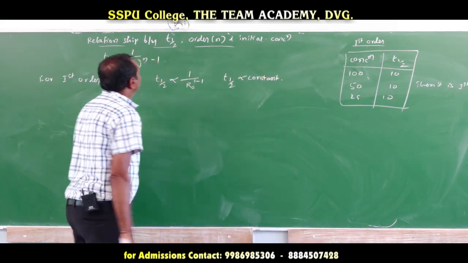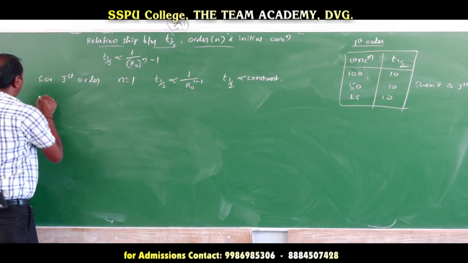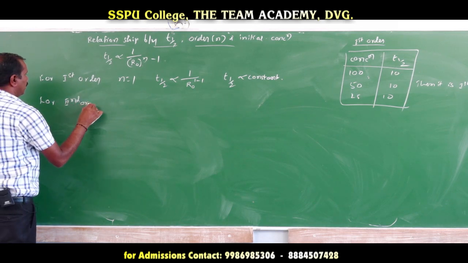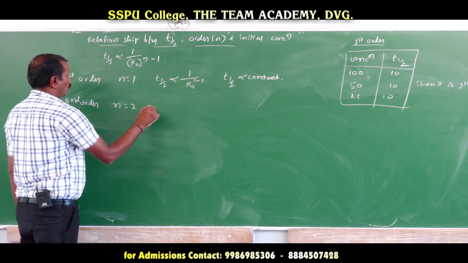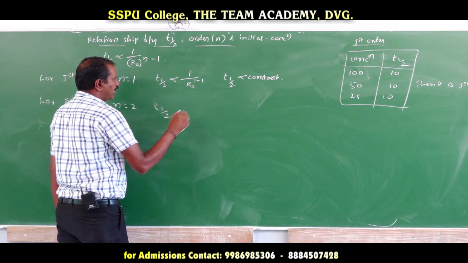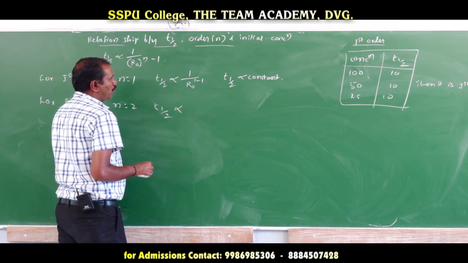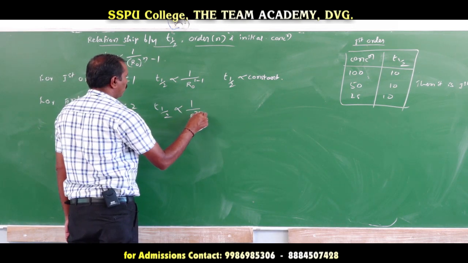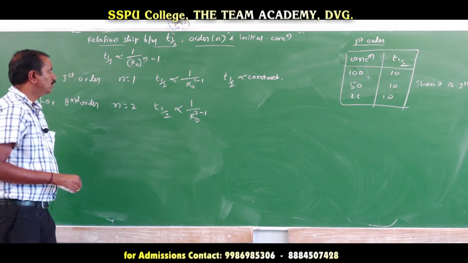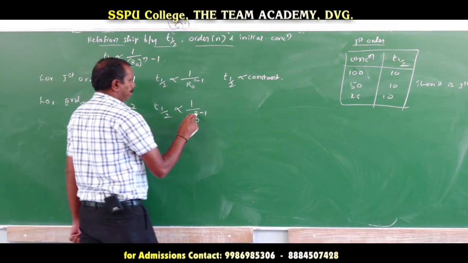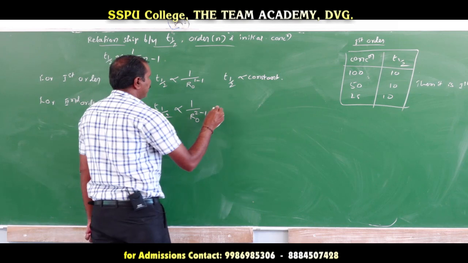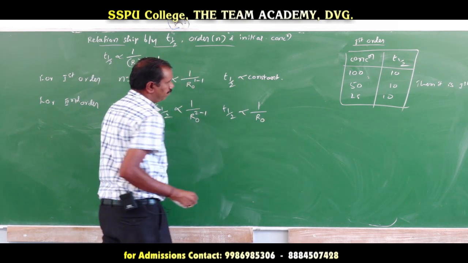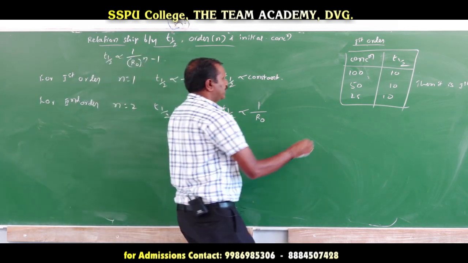Now for second order, the n value is 2. T half is directly proportional to 1 by R naught to the power of 2 minus 1. 2 minus 1 is 1, so T half is inversely proportional to R naught.